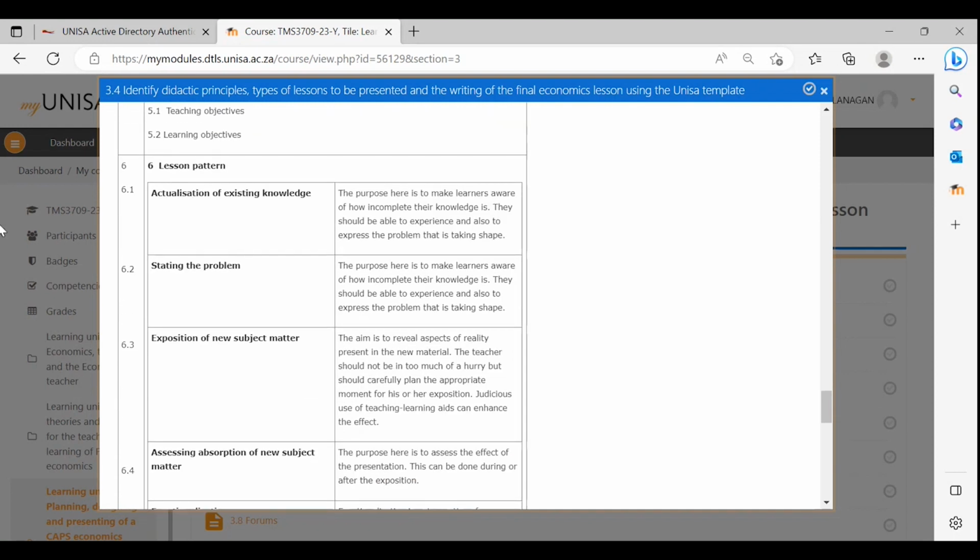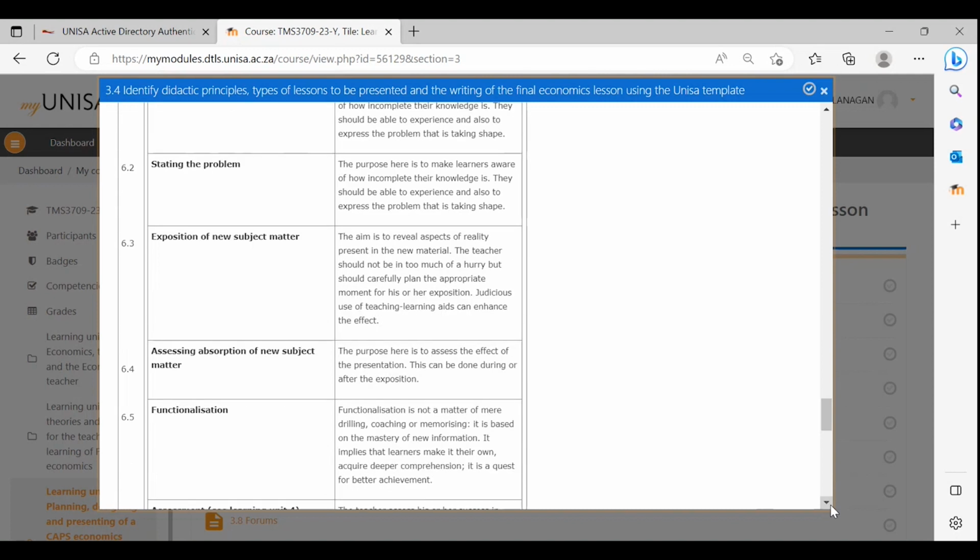Then we come to the lesson pattern. This is very important. Actualization of existing knowledge, stating the problem, exposition of new subject matter, assessing absorption of new subject matter, and functionalization.